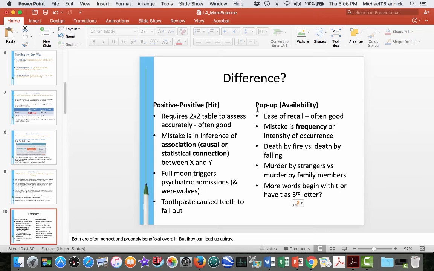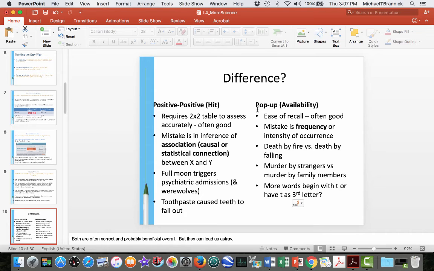That's positive. Oftentimes we're right about this. And oftentimes availability or pop-up is a pretty good indication. So oftentimes we are right. The things that we remember more easily are the more frequent things. It's just sometimes we have a biased sample because of things that are memorable or the kind of information that comes to us.